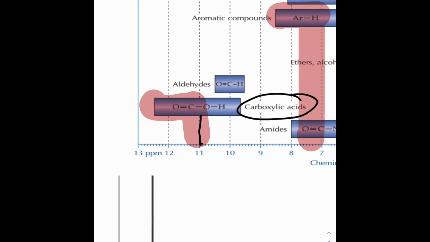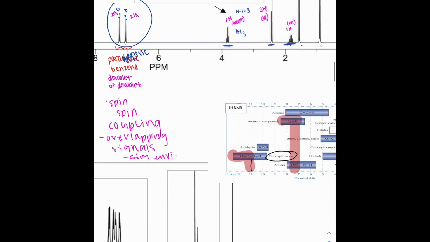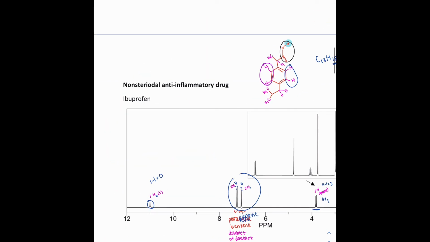So we have that double bonded oxygen and carbon, and then another oxygen and hydrogen, and if we go up to our structure, we have that as well, and this hydrogen does not have any neighbors. It's just by itself, and this is very electronegative, which is why it's so downfield.